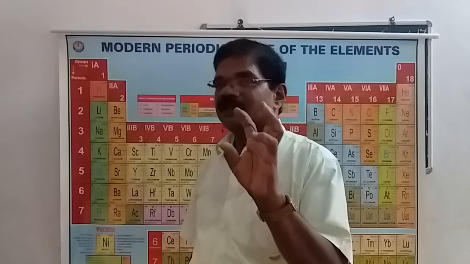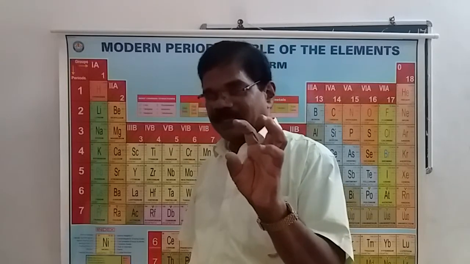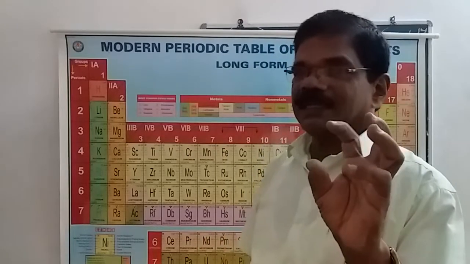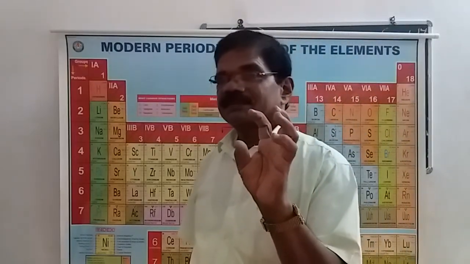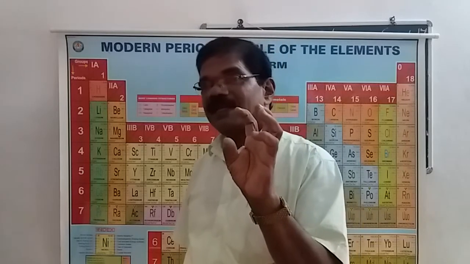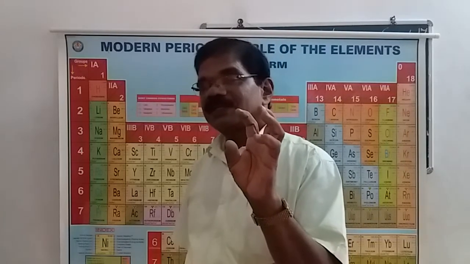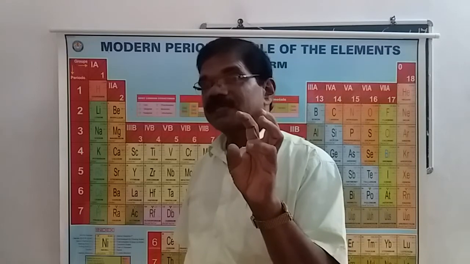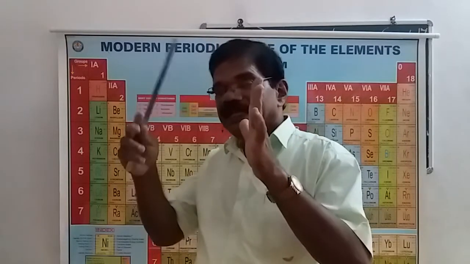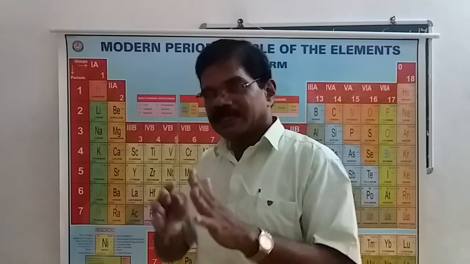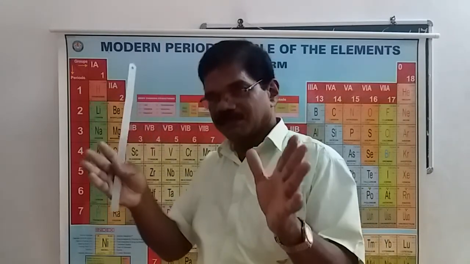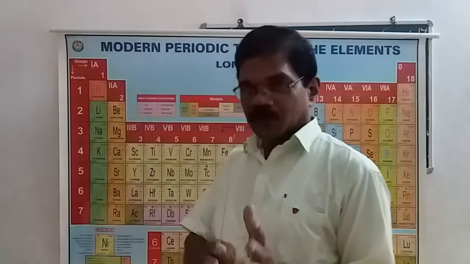So in the case of metals, the reactivity depends upon the size of the atom. If the size of the atom is small, it is less reactive. If the size of the atom is big, it is more reactive.